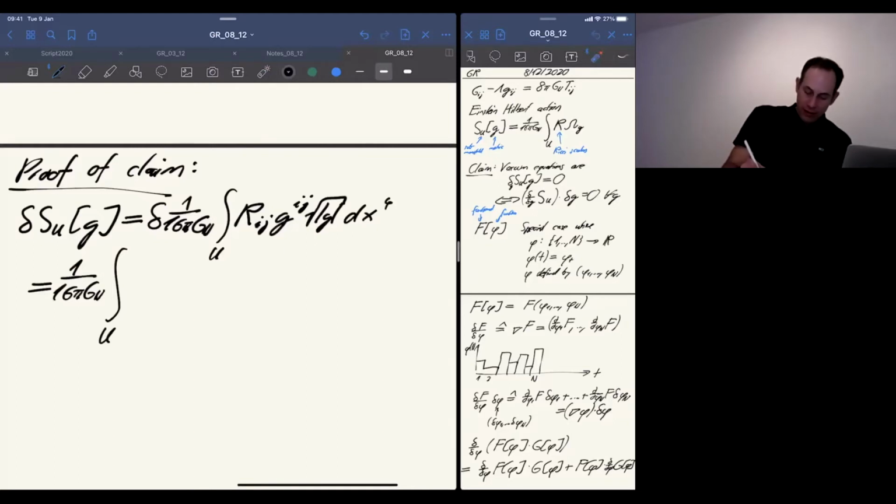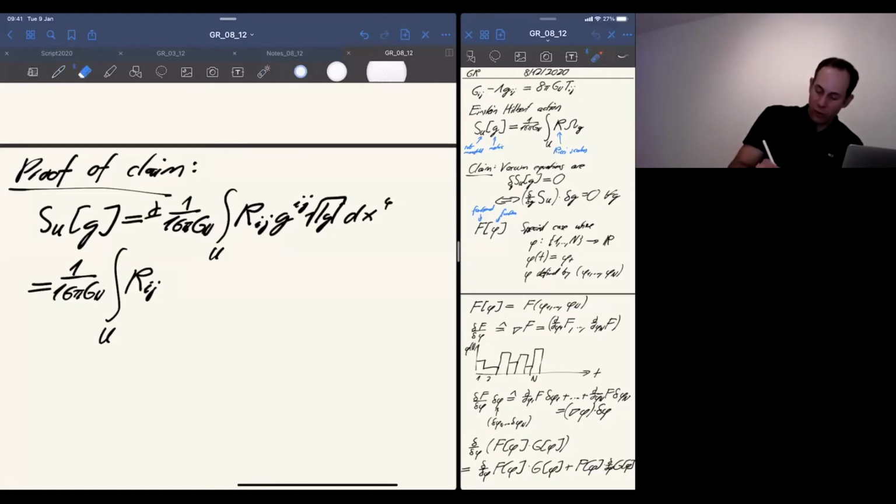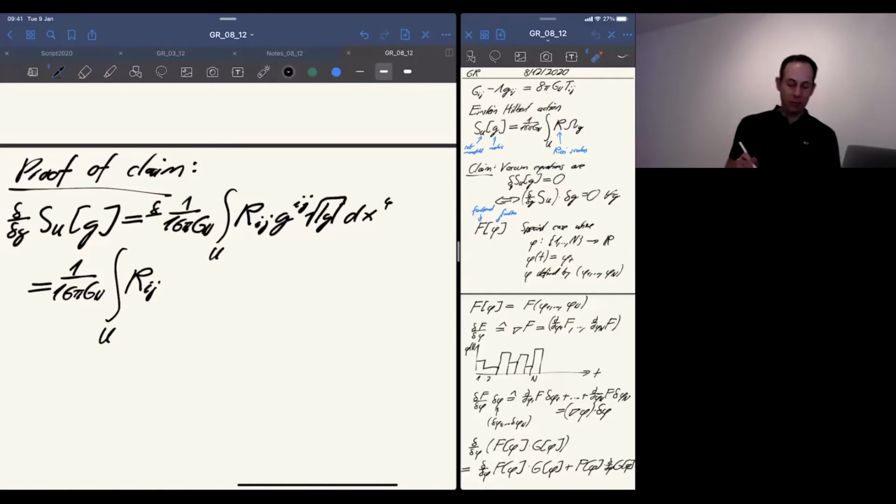Okay, now I told you before that we will take this derivative to the metric, delta to the delta G, and that it satisfies all the rules. And one of the rules, as I mentioned, is of course the product rule. So let's just apply the product rule.